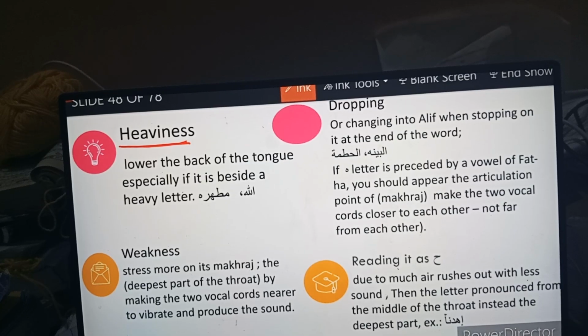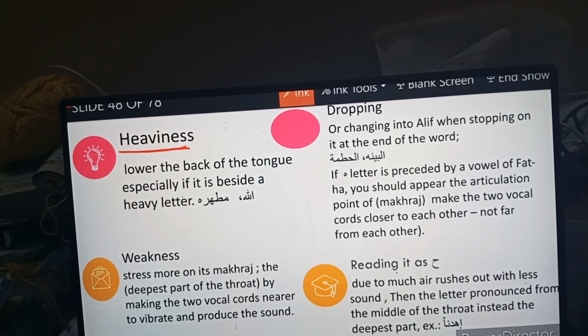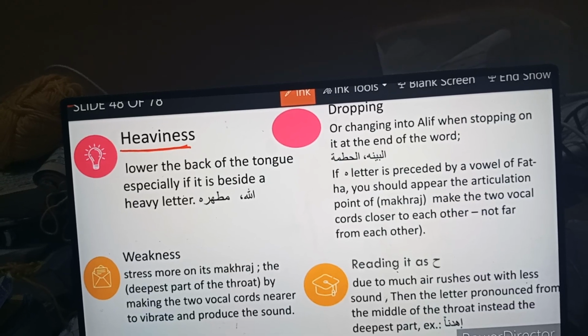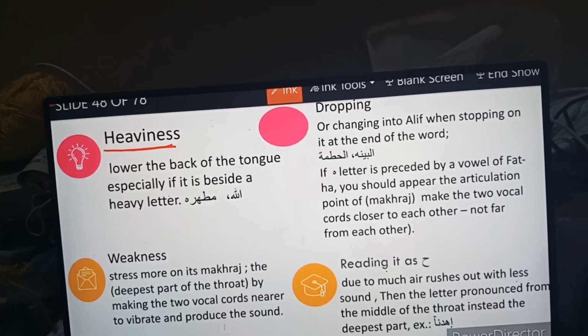You see, by elevating the back part of the tongue, the sound becomes heavy. So this is the mistake.